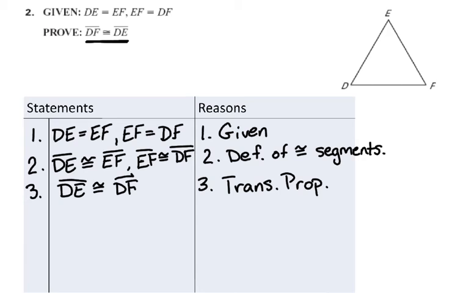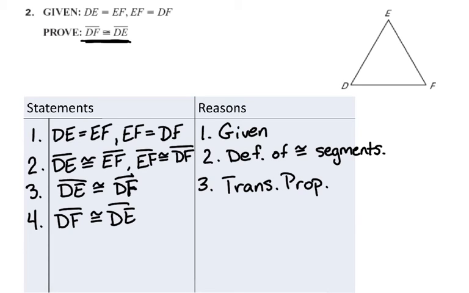Okay, well, that is almost the statement that we need to prove. It says DF is congruent to DE. Well, flip those around and we have the statement that we want. DF is congruent to DE.